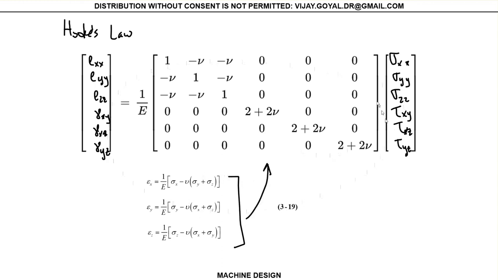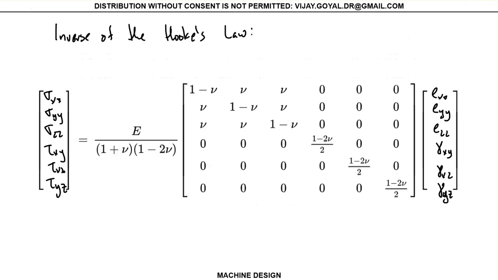So what it's basically saying is, if I know my stresses, I can find my strains. And this is the Poisson's ratio, the Young's modulus, and you can see this is actually equal to this. It's identically the same, and this is just more general, but it includes all these stresses.